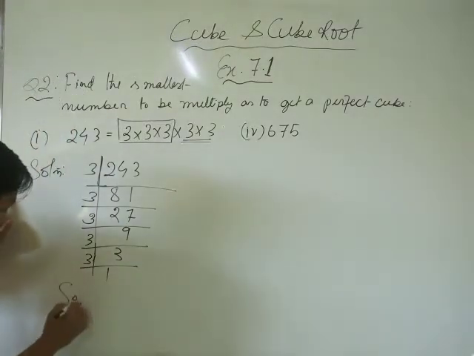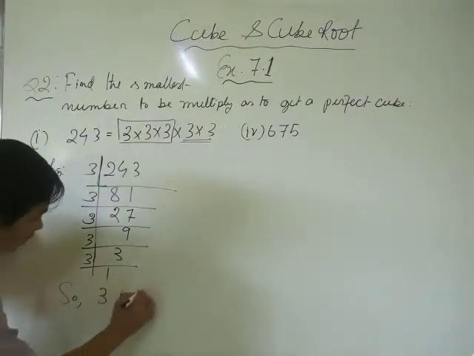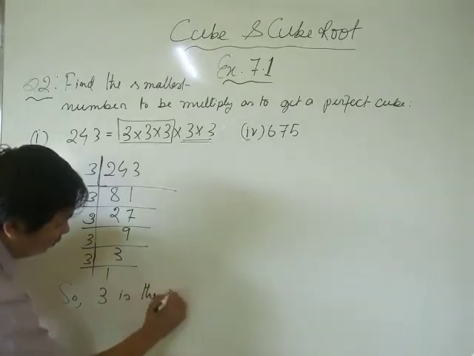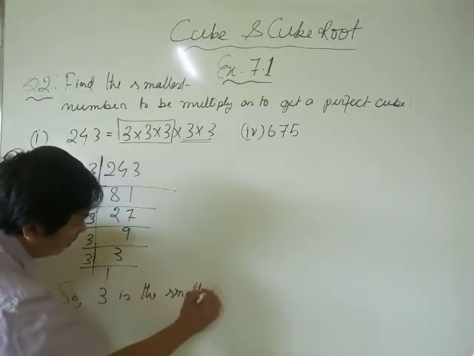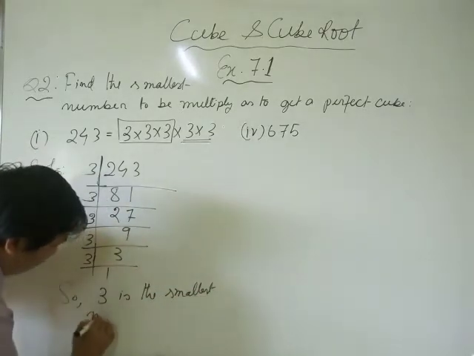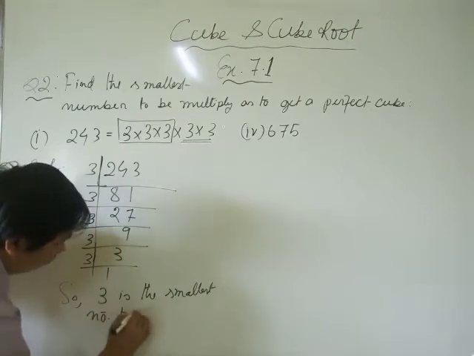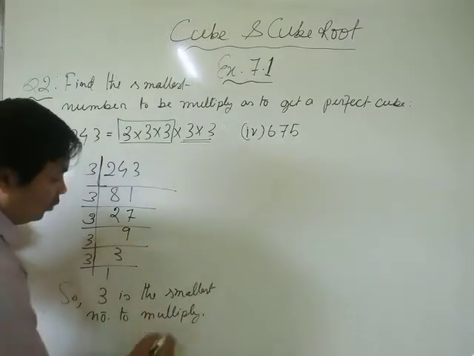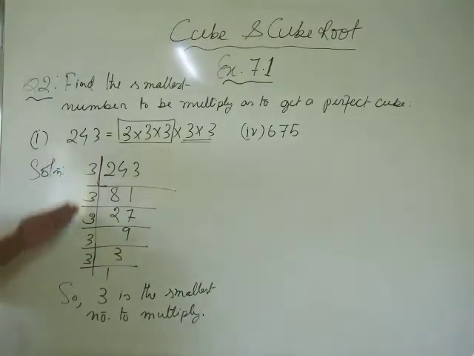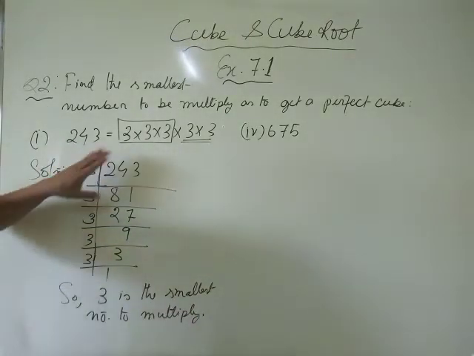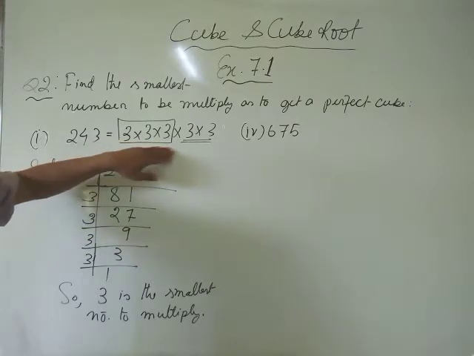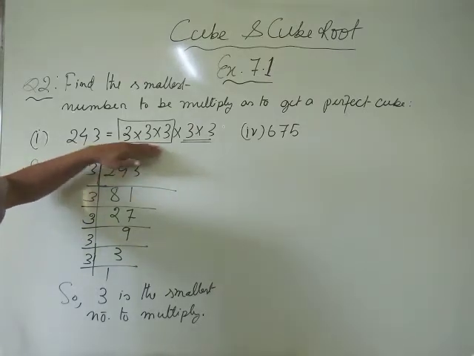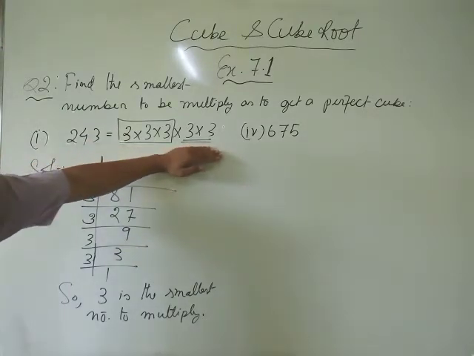So 3 is the smallest number to multiply. That's all, nothing more. We found the factorization, and we find that the first three 3's can be grouped for the cube, and only two others are there in a pair.